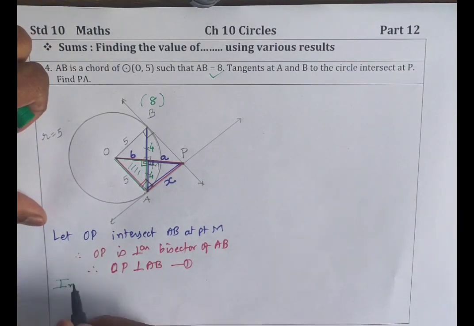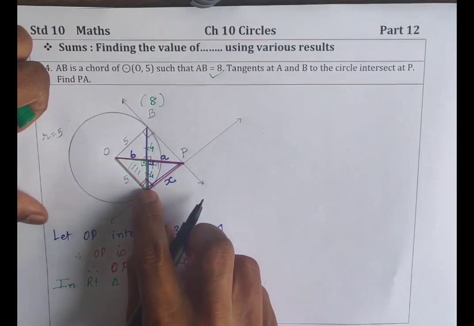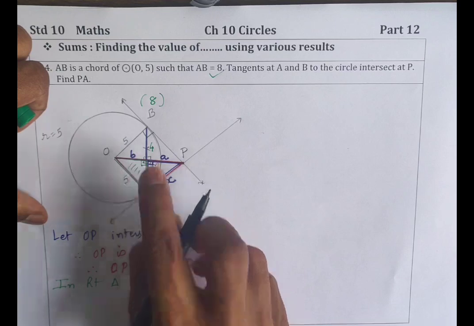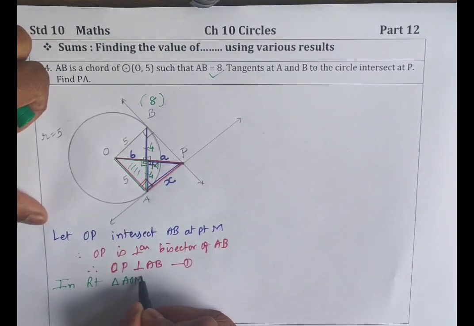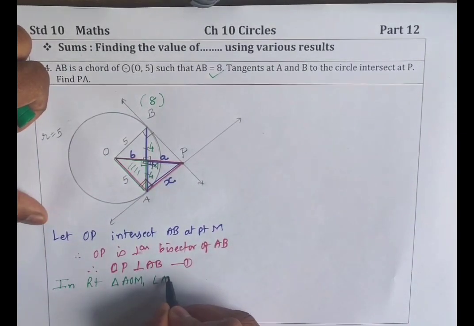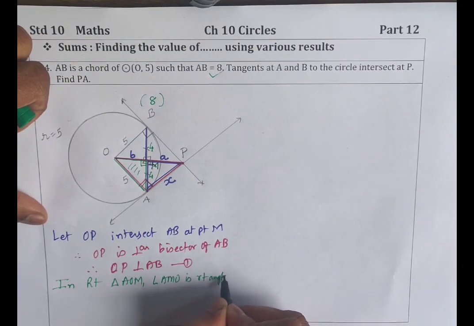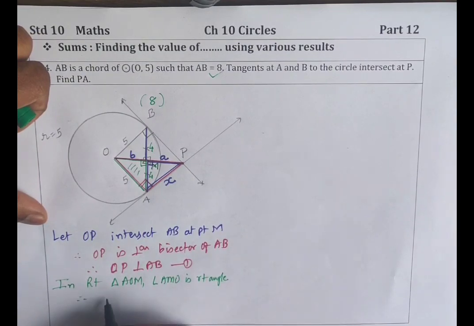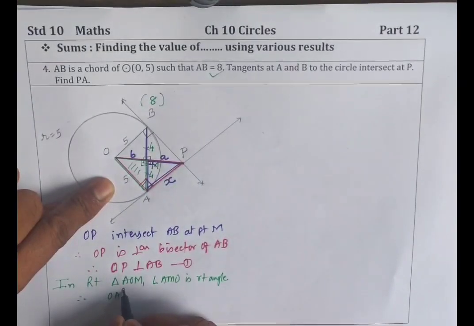Now very carefully I'm going to pick up the first triangle. Straight away you write, you don't have to write all the details. In right triangle AOM, this is M, correct? Angle AMO is right angle. So let's use Pythagoras. Therefore, yes, this is right angle, so OA is hypotenuse.